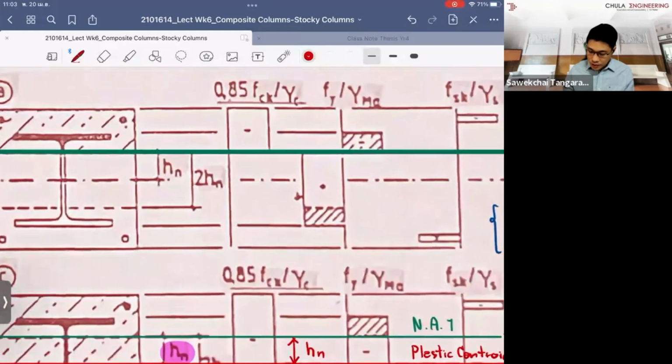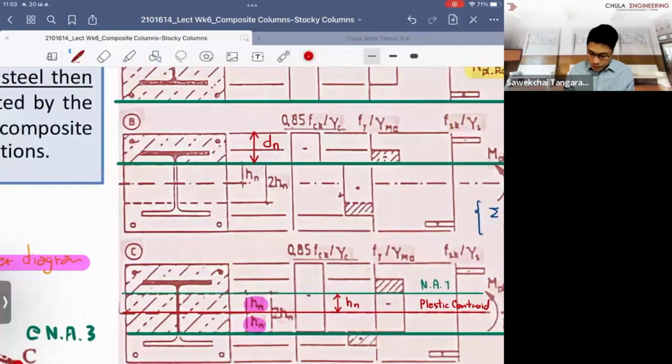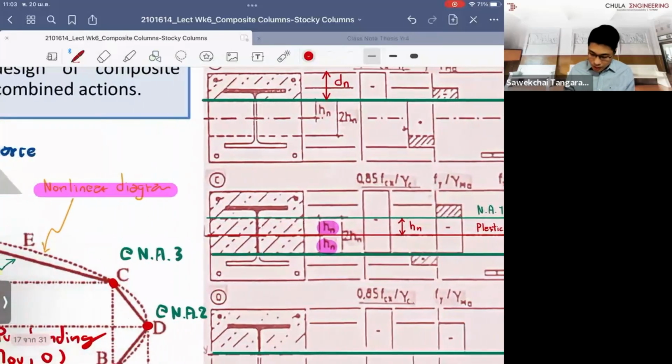So what does the Hn mean when you calculate, for example, at the pure bending, you obtain this is the DN. And this is at the NA.